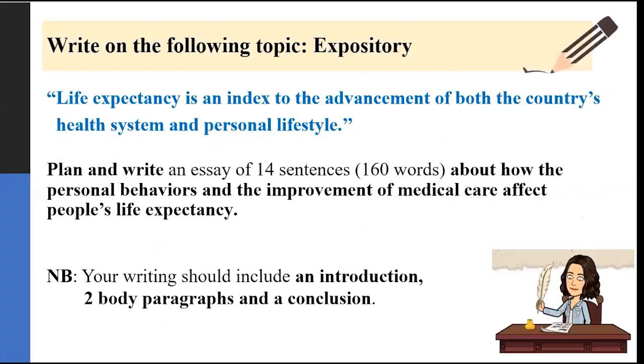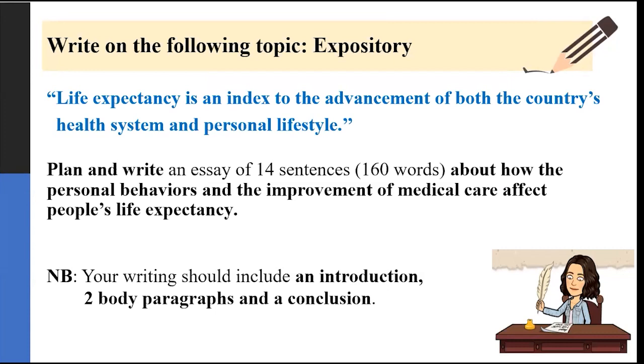The expository topic, on the other hand, as I mentioned, is all about explaining. It's the same outline method I explained: we write a hook, a thesis, the ideas and a conclusion, the same thing. The difference is that in the argumentative we mentioned 2 sides, for example city and country. In the expository we are not talking about both sides. We are just explaining. Expository means to explain, to give examples, to give details.